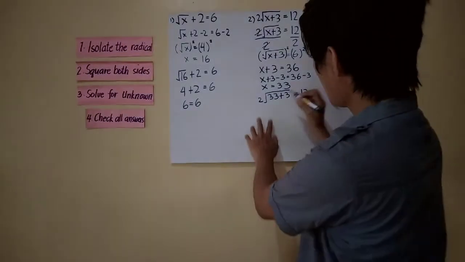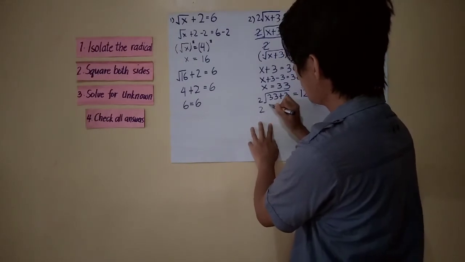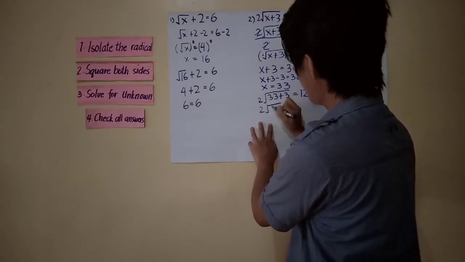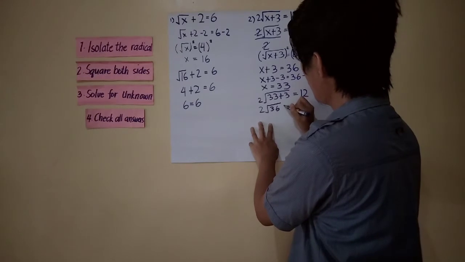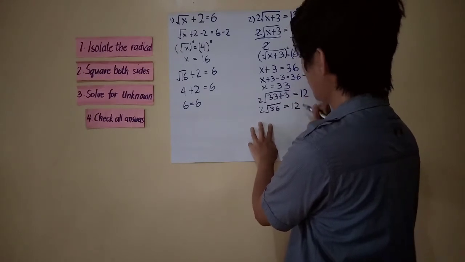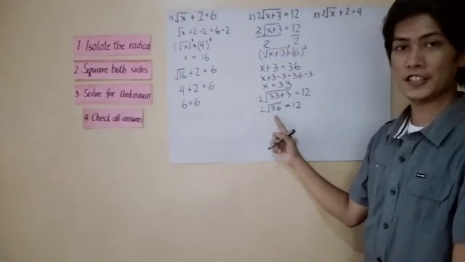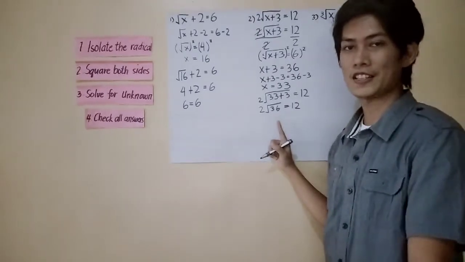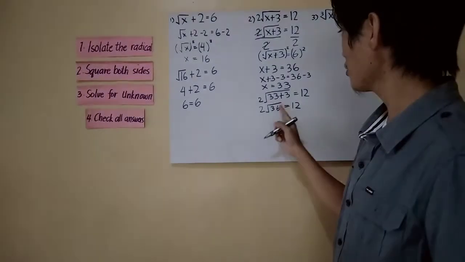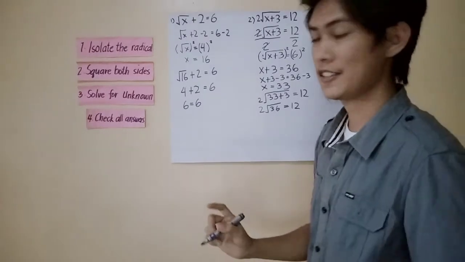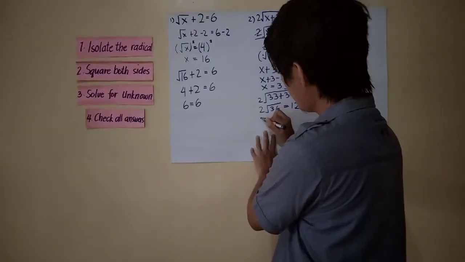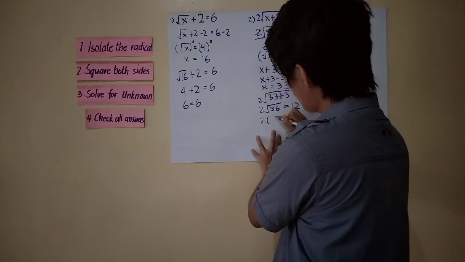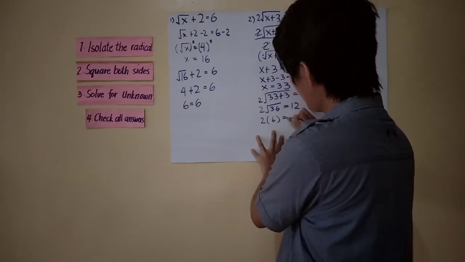So it becomes 2 square root of 36 equals 12. Now, what is the square root of 36? That's right, you're correct. The square root of 36 is 6. So now it becomes 2 times 6 equals 12.